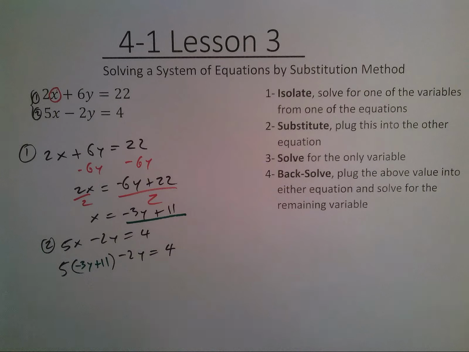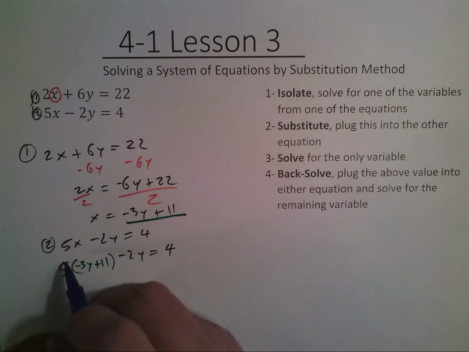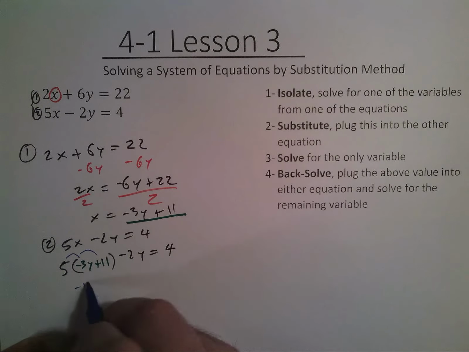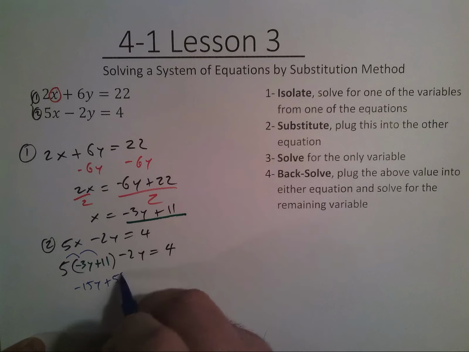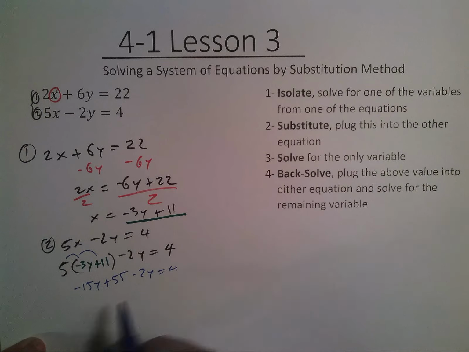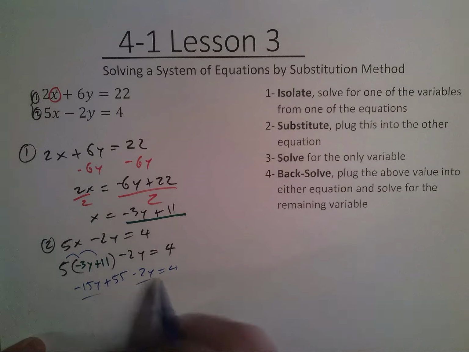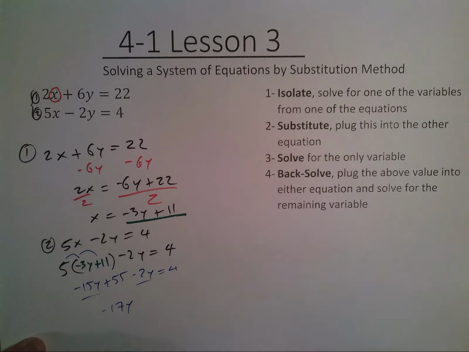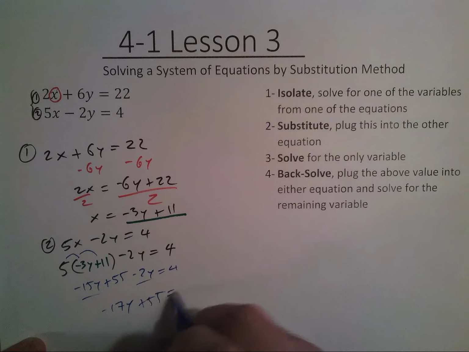I've now substituted. Step 3, I'm now going to solve this for y, since y is the only remaining variable I have. So I'm going to distribute the 5 through to get negative 15y plus 55 minus 2y equals 4. I'm going to combine my like terms of negative 15y and negative 2y to get negative 17y, plus 55 equals 4.